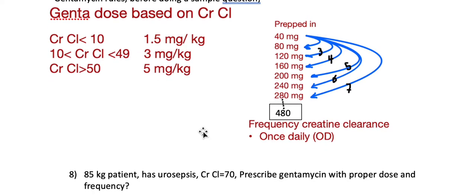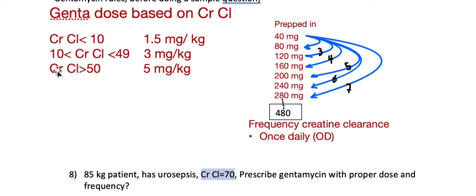You have an 85 kilogram patient. He has urosepsis. So right off the bat, you know this is some sort of a severe infection. His creatinine clearance is 70. So you already know he lies somewhere around here, so you know what dose to give him. Again, you have to have this memorized, guys. You might not have it on exam day right out like this, so just remember this.